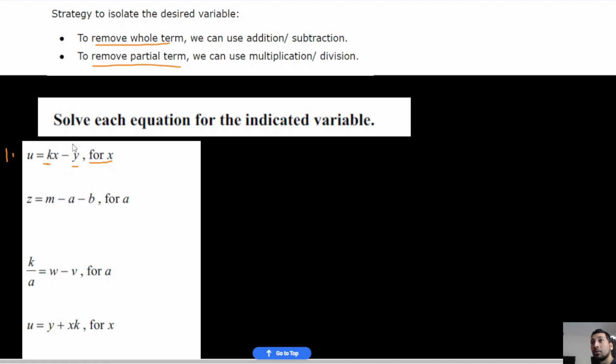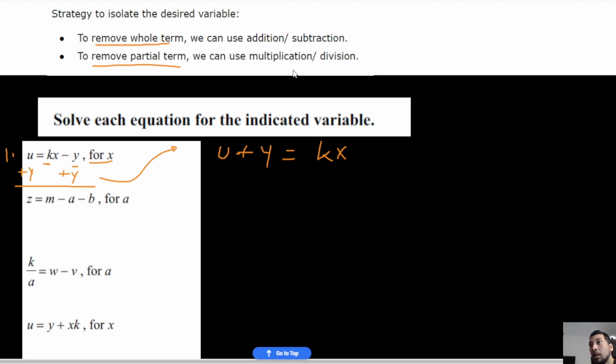So first I just remove this whole term y, and I have to use addition or subtraction. In this case, we have a minus sign in front of y. So just add y on both sides. If we add y on both sides, we have u plus y equals kx. Now you can see that we need to remove this k, and this is the partial term.